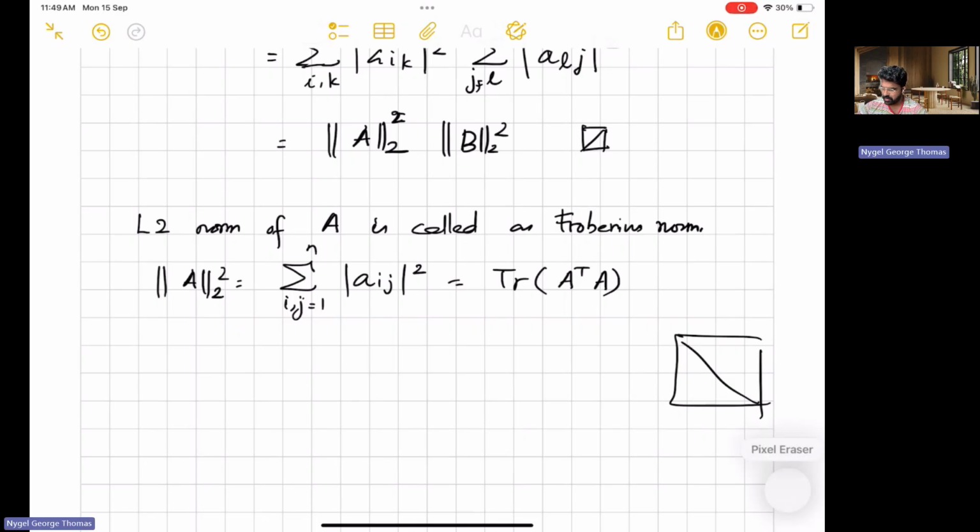Then that is actually equal to the Frobenius norm. You don't have to take the pain of squaring every element and adding it. You can find the matrix multiplication A transpose A, whichever is less expensive, and add all the diagonal elements of that. Okay.